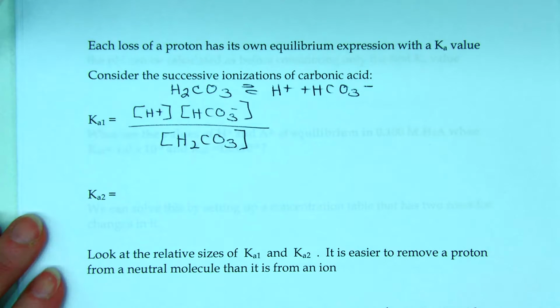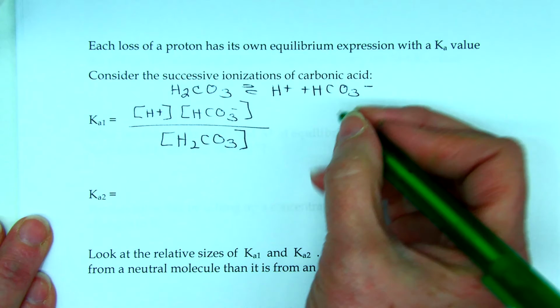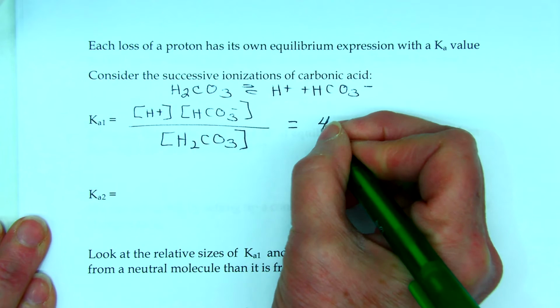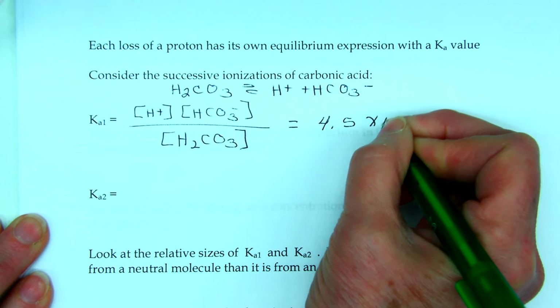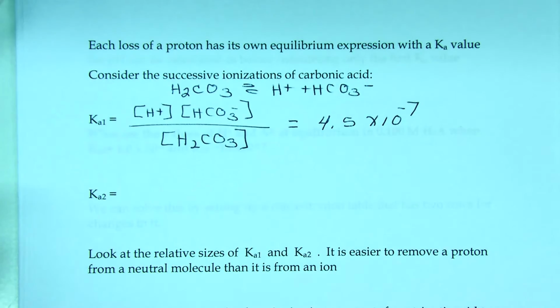And we can get a chart of diprotic acids and look up our Ka1 is 4.5 times 10 to the negative 7th. So when we start thinking about this, would we say from our previous criteria that this K is small? Yeah, we would say that's small, so we could ignore X.